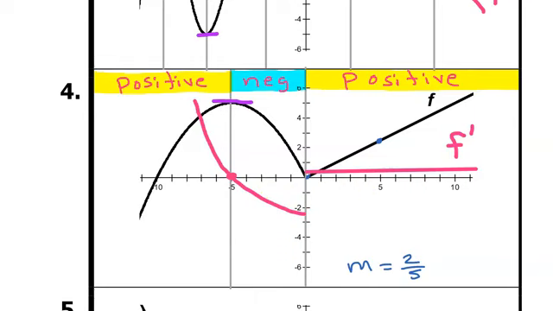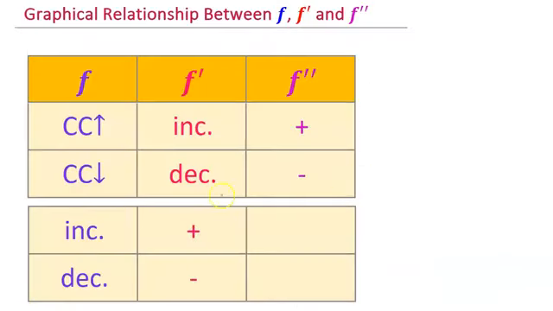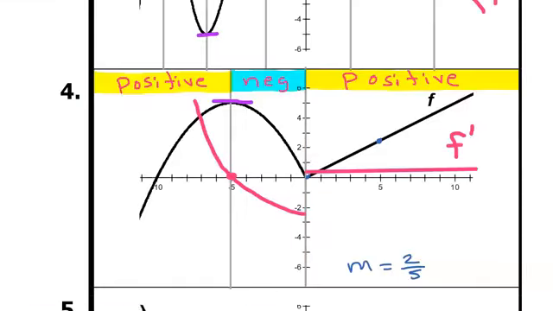Let me point out one more thing to you. I told you that when we are going from f to f prime, we only need the bottom part of the chart. Here's why. The top part of the chart says that wherever f is concave up, then f prime will be increasing. Where f is concave down, f prime will be decreasing. Well, let's look back at the graph that we just drew.